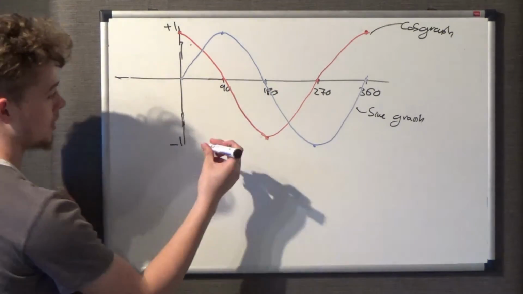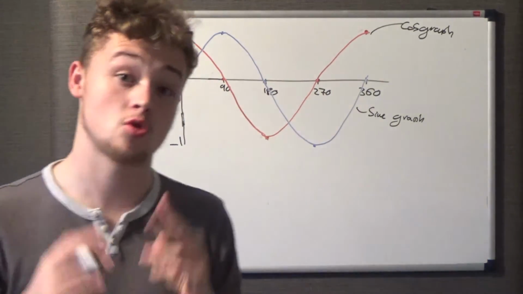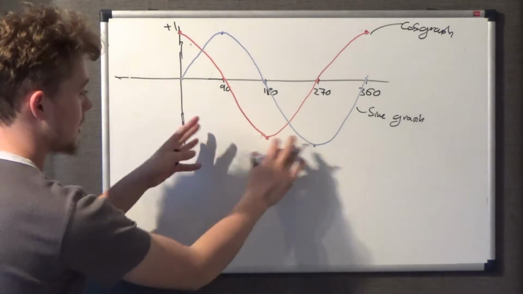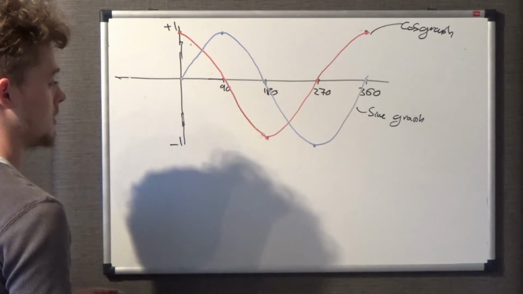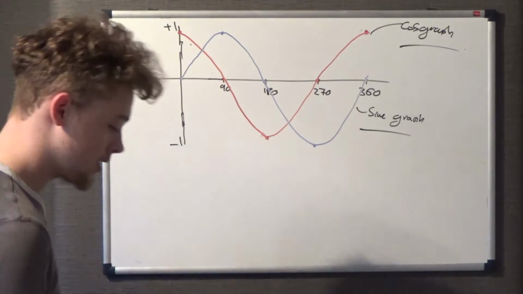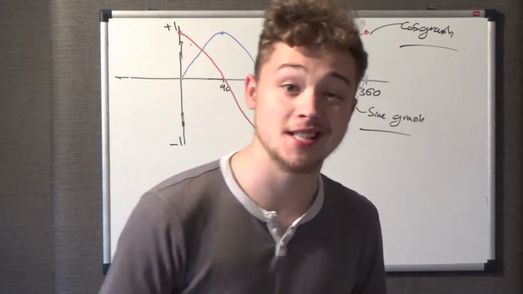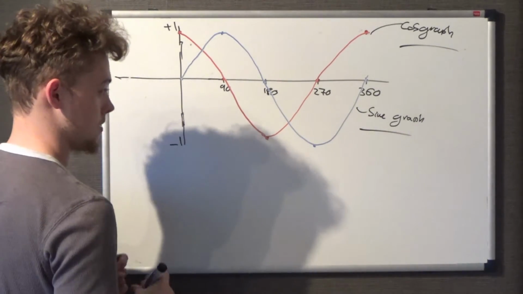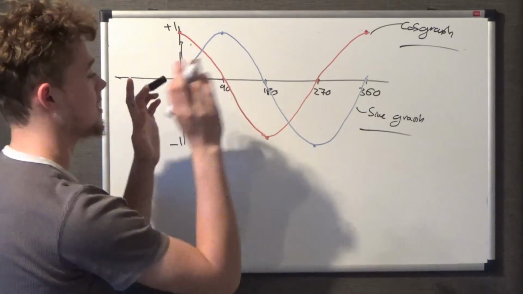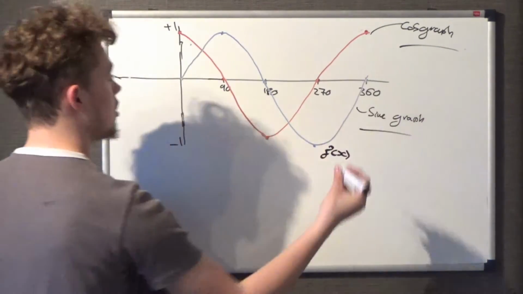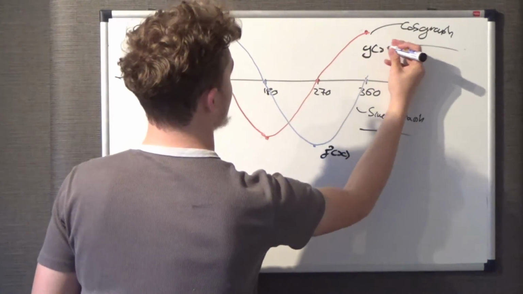If we were to write this as a transformation, ignore the fact that these are a sine graph and a cos graph. If we were to go back as far as C1 and call these both graphs f of x, let's call the sine graph f of x and the cos graph g of x.